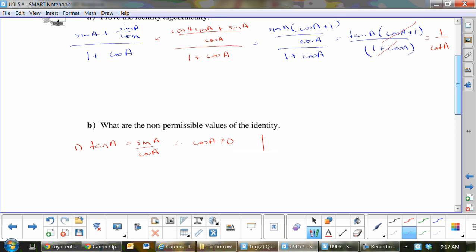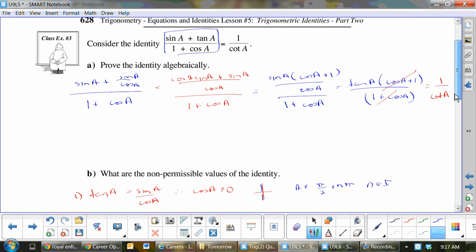Now again, where does cos A cannot equal 0? Here and here. So I would say A cannot equal pi over 2 plus n pi. N is in the integers. Okay, so I got tan A covered. Now if you want, go and check them off. Okay, tan A is done.